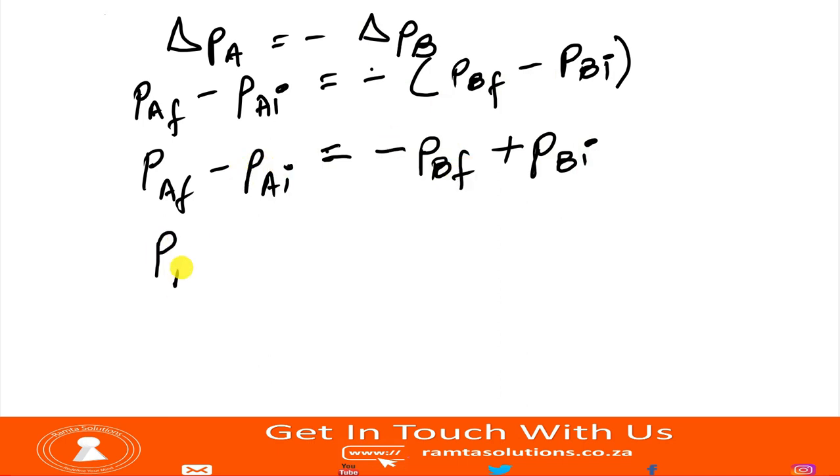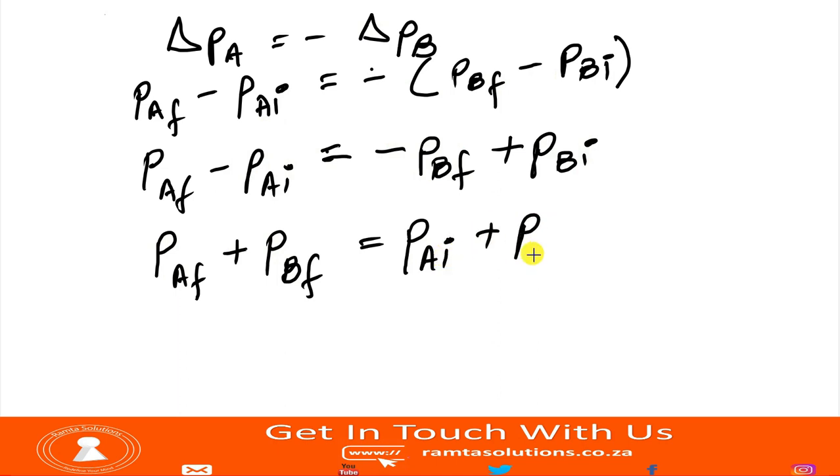It'll be momentum of object A final plus momentum of object B final is equal to momentum of object A initial plus momentum of object B initial. Can you see that? All these, basically we refer to them as total momentum final is equal to total momentum initial.